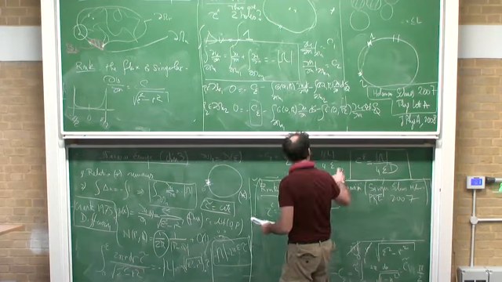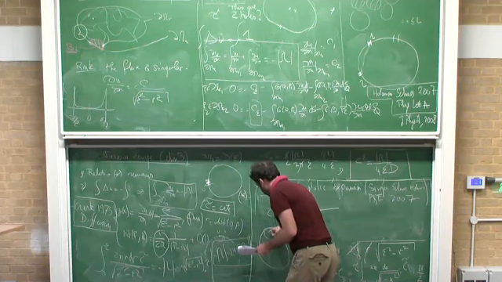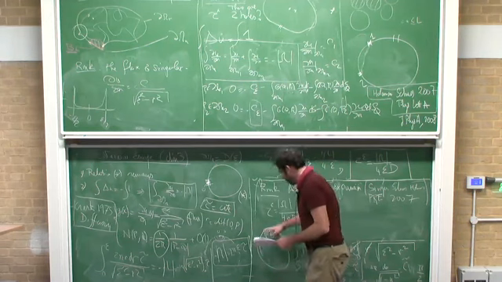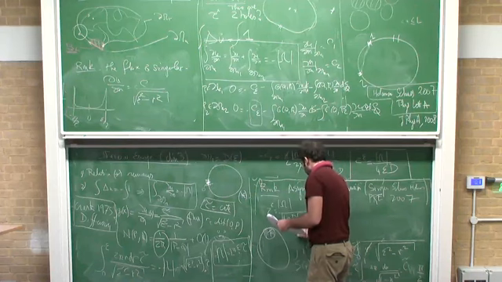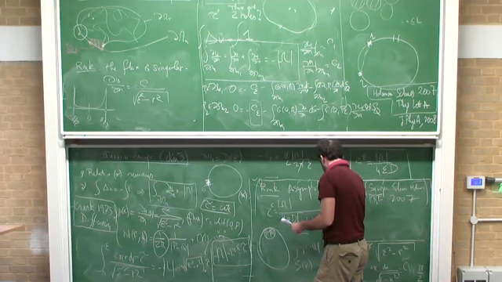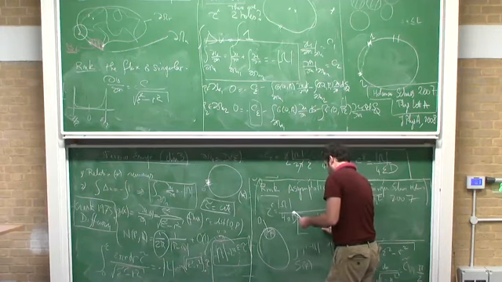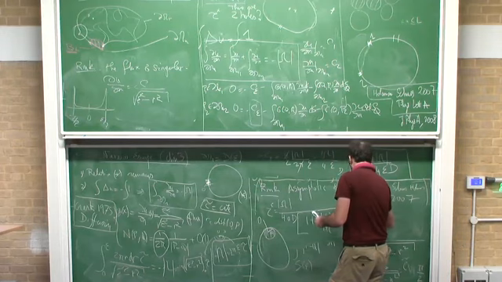Here I call a the size of the disk where the particle can escape. It's not necessarily a ball, it can be any three-dimensional shape. And this is times 1 plus the mean curvature at 0, the center here of the ball, divided by 2 pi, times a log a, plus a term of order 1.